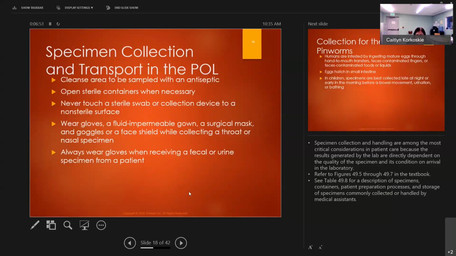But usually once you get down into the lab with the fecal culture, it's protected by plexiglass, and it also has a ventilation system.